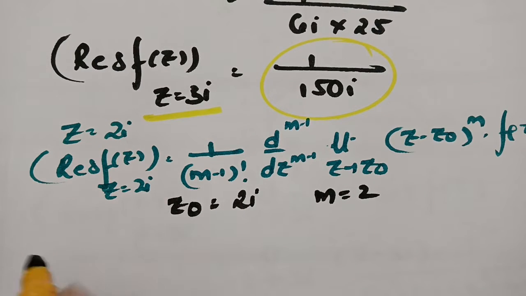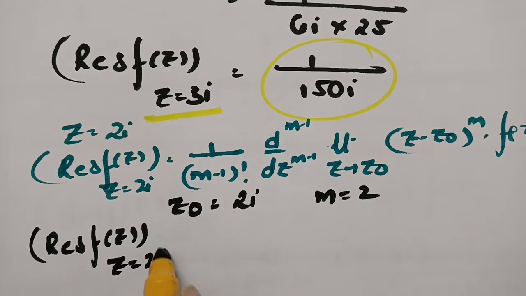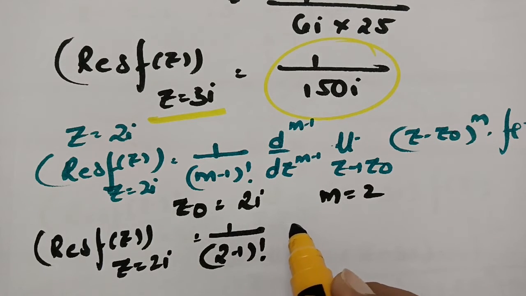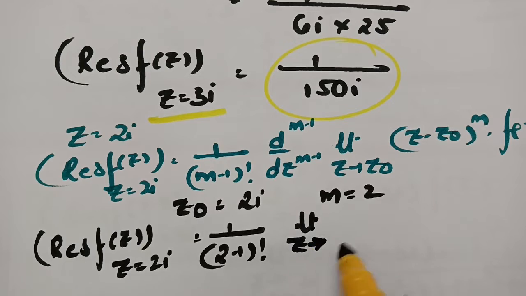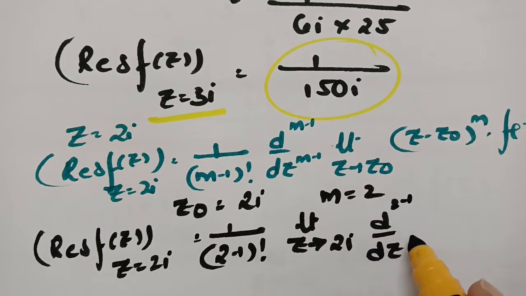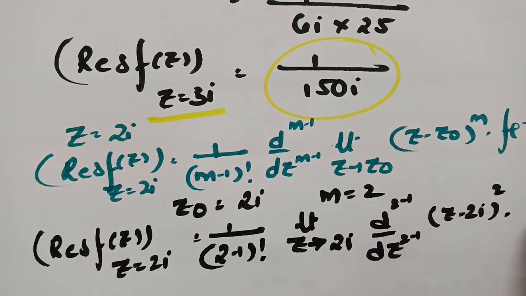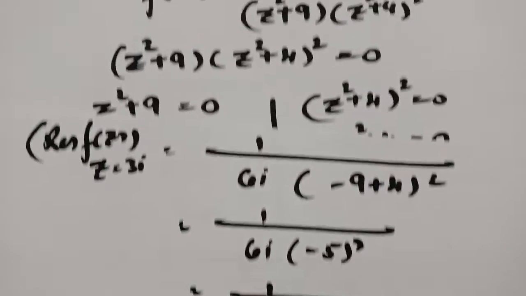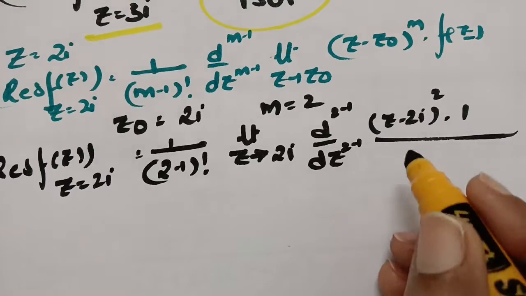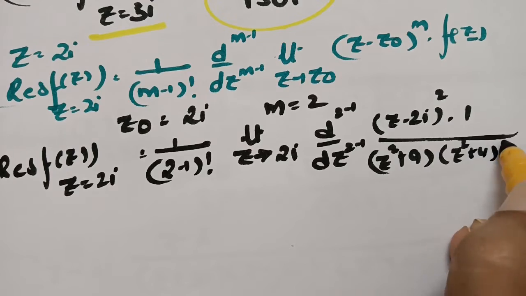So after substituting, the residue of f(z) at the interior pole z = 2i is 1 by (2 - 1) factorial times limit z tends to 2i of d by dz power (2 - 1) of (z - 2i) square into f(z). So f(z) is nothing but, I'll show you, 1 by (z² + 9) times (z² + 4) whole square.